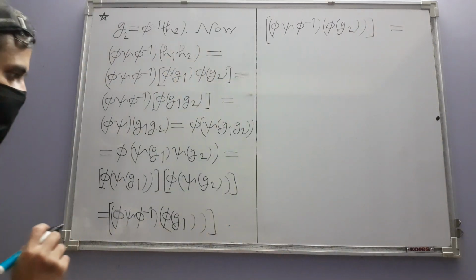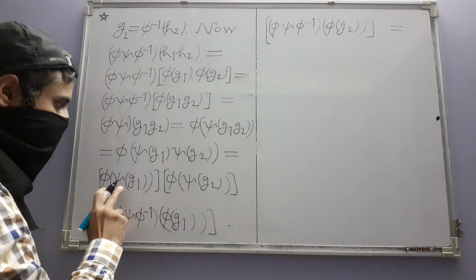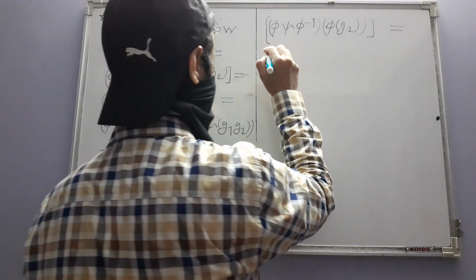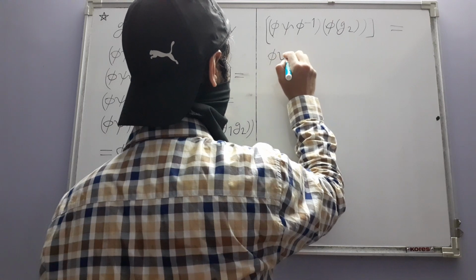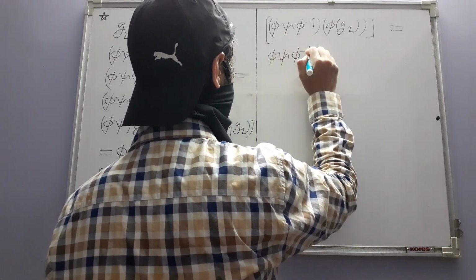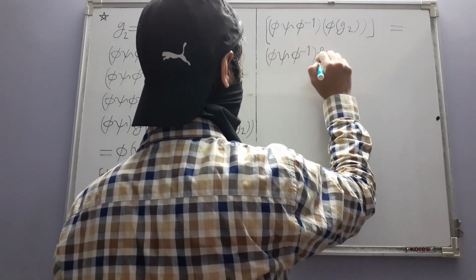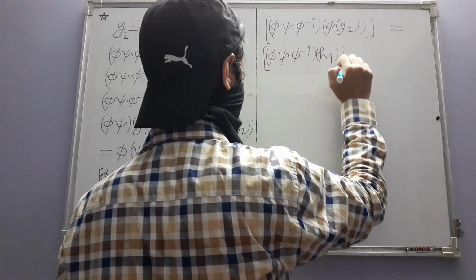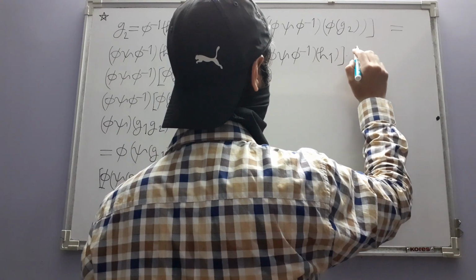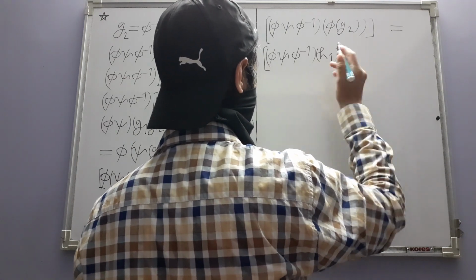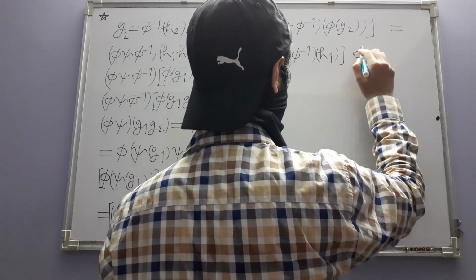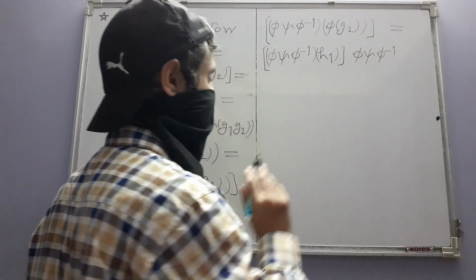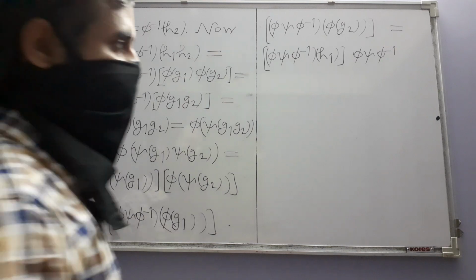And that becomes what? If you recall what phi of G1 is, phi of G1 is H1. You then get phi psi phi inverse of H1 times, well, times means you need not write anything, of course, phi psi phi inverse of phi of G2 is H2.